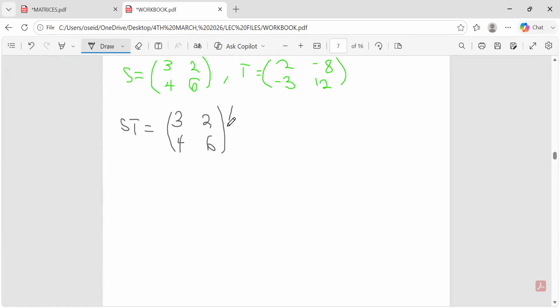Then T is 2, negative 3, negative 8, 12.